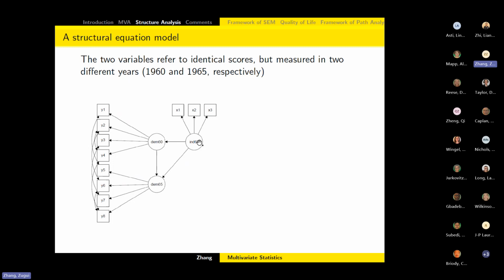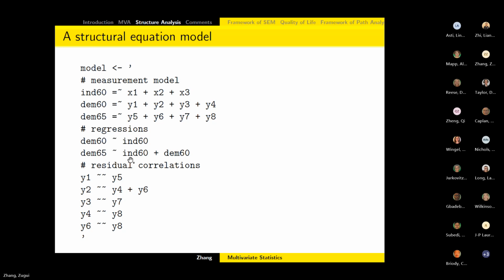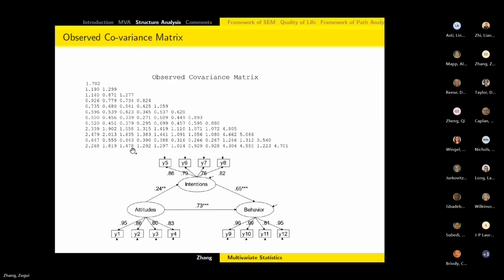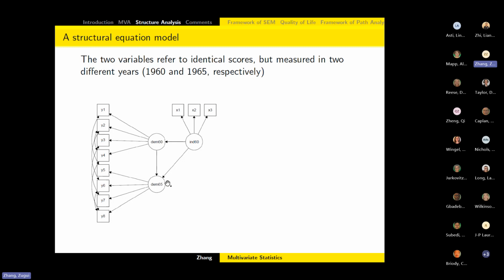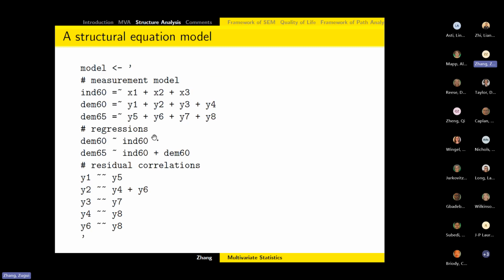This is the structure: DE-CTR is regressed on IND-60, and DE-65 is regressed on IND-60 and DE-60. So this is the reason we get this regression model. For the residual correlations, we get this relationship.